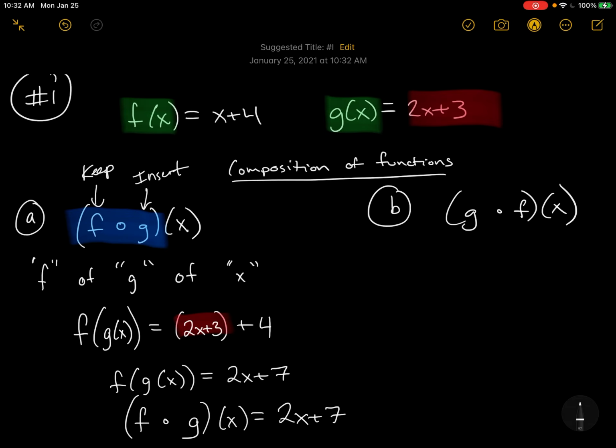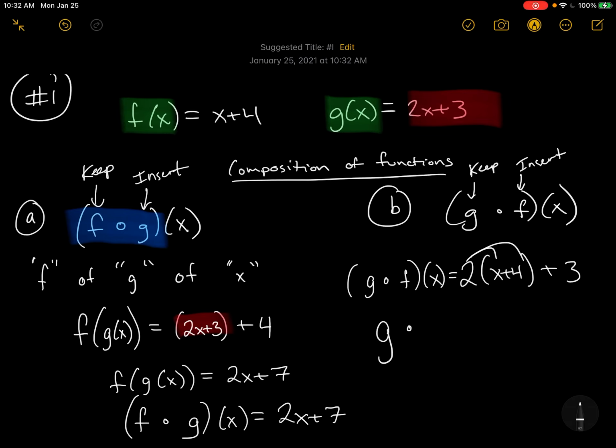Just to give us another example, you can flip it around, keep our first one, insert our second one. So in this case, we are keeping 2x plus 3, and wherever we see that x, we're going to replace it with x plus 4. So g of f of x, and then again, go through, distribute, and evaluate.